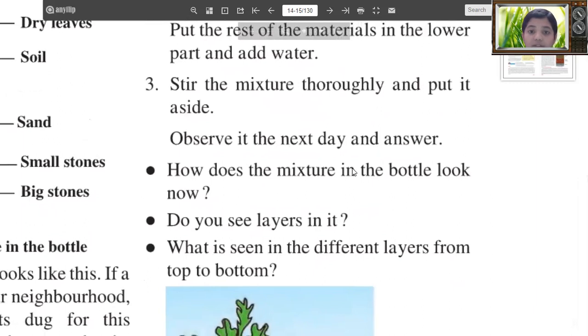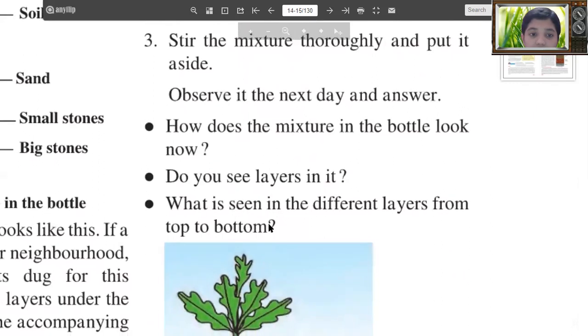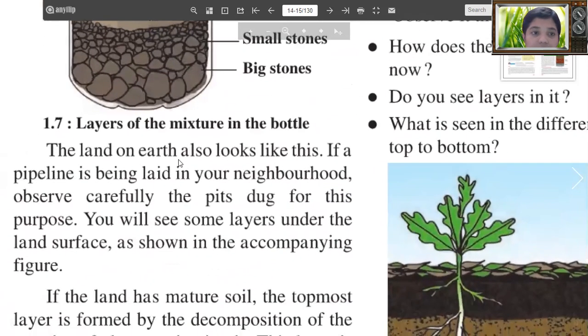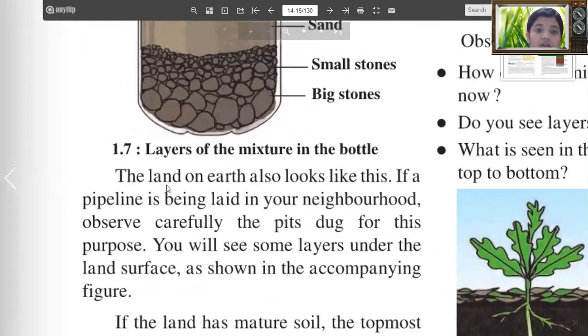How does the mixture in the bottle look now? Do you see the layers in it? What is seen in different layers from the top to bottom? The land on the earth also looks like this.